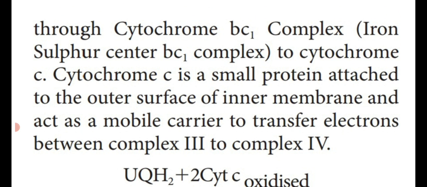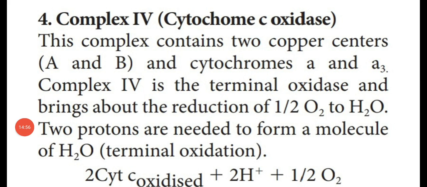Next one, complex 4. It is the last stage of ETC, cytochrome oxidase. This complex contains two copper centers, one is A, another one is B. That is cytochrome A and cytochrome A3. This complex undergoes terminal oxidation and brings about the reduction of O2 into H2O.